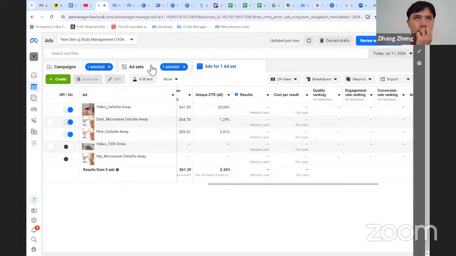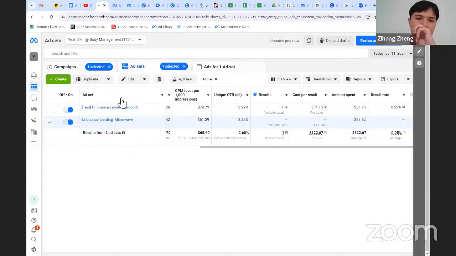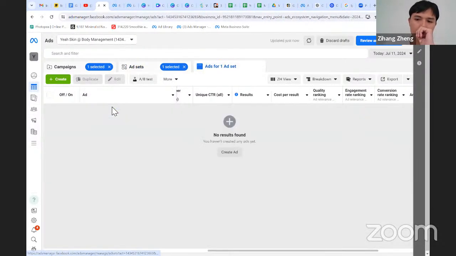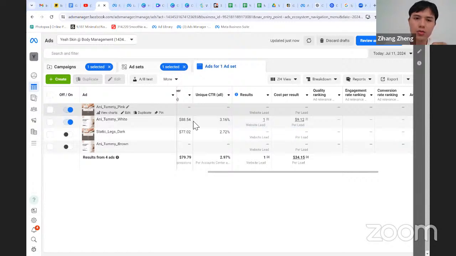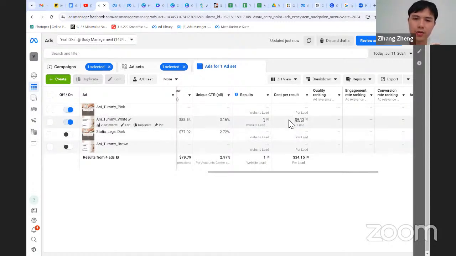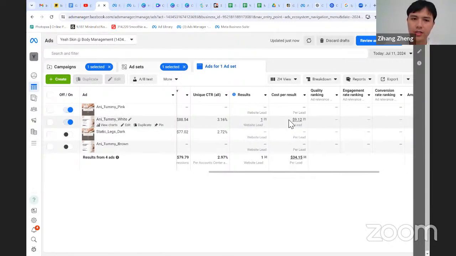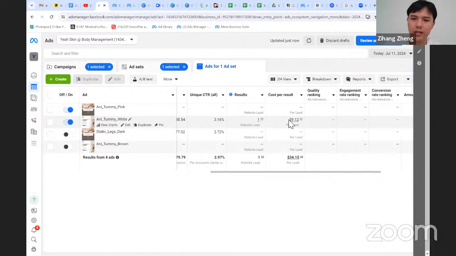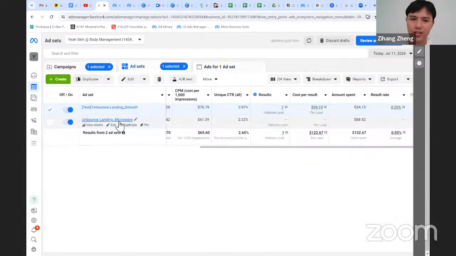In that case, based on the logic, for this testing asset, since we already have this ad that's doing well at $10, should we just increase the budget for this campaign and test the new creatives on this one instead of the old one?